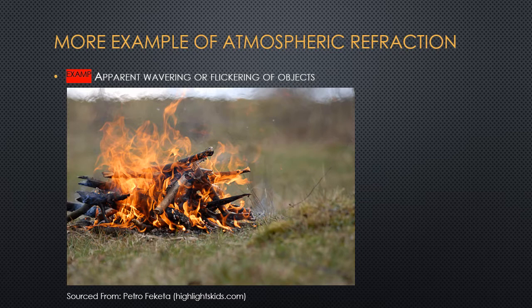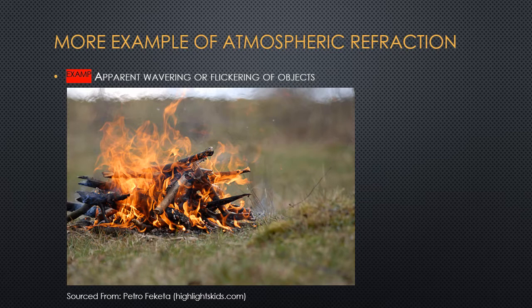That hot air is lighter, less dense, so it tries to move upward. As it goes up, the cooler air tries to fill in the gap. So the physical condition of the refractive medium is also not stationary. So the apparent position of the objects behind the hot air, seen through the hot air, fluctuates.